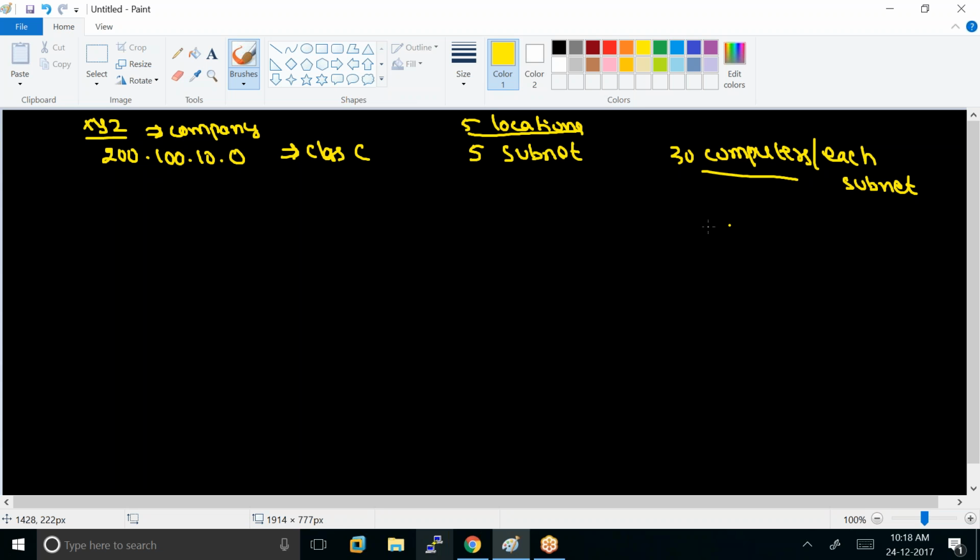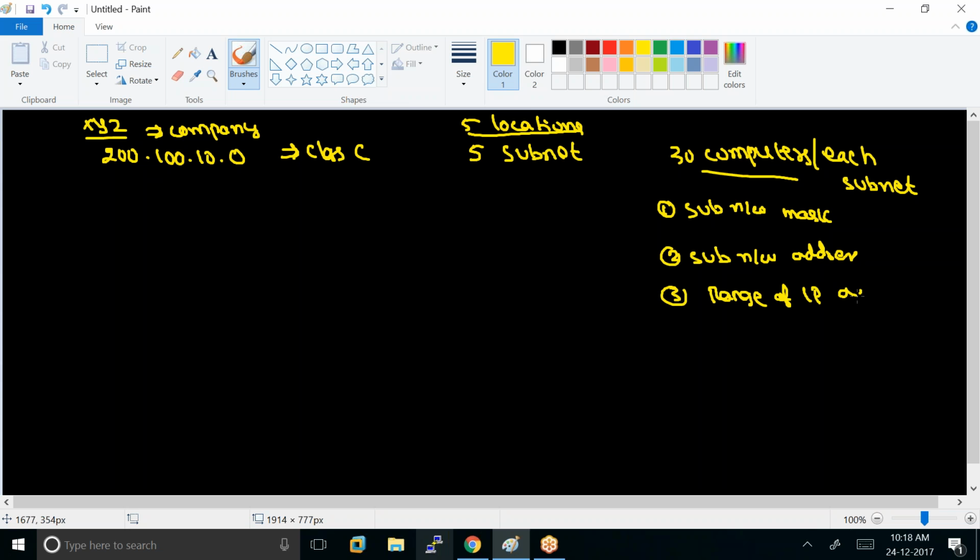You want to find out the subnet mask, the subnetwork address, and within that subnet, the range of IP addresses. These are all the 3 things that we are in need of.